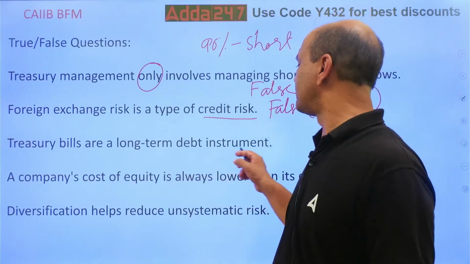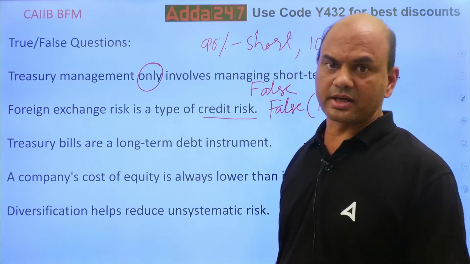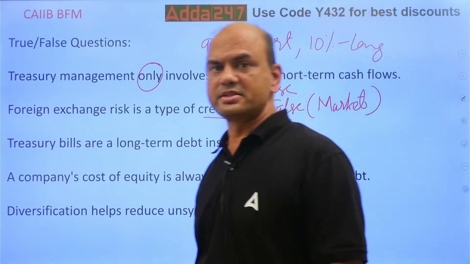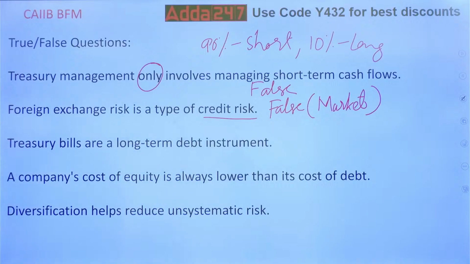Treasury bills are long-term debt instruments. Are these T-bills long-term debt instruments? Think. What is the duration of the T-bills?